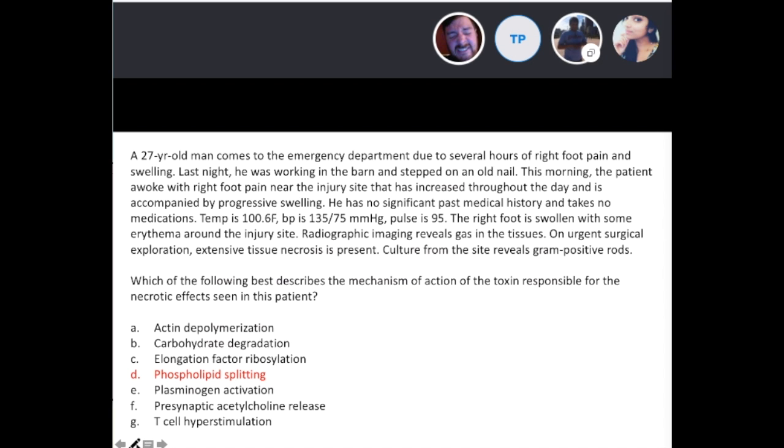Wait, hang on. What's the name of the important sphingomyelin for lung maturity? What's the name of that? Phosphatidylcholine. I think phosphatidylcholine, serine. Yeah, phosphatidylcholine. I always mix them up. Serine is one of them for the caspases, and then one is the sphingomyelin thing.